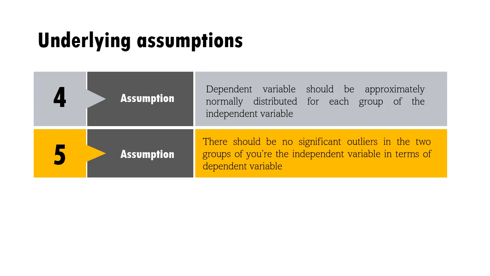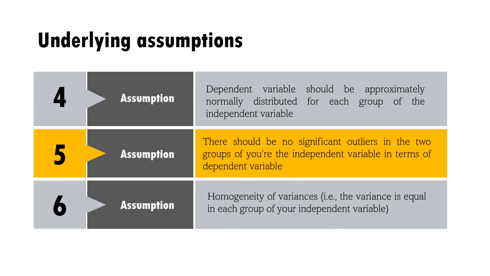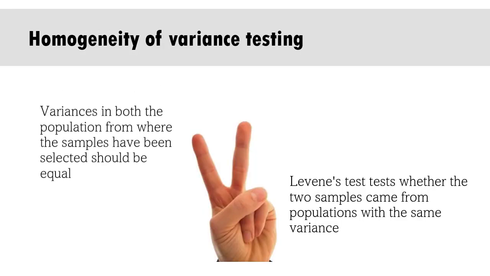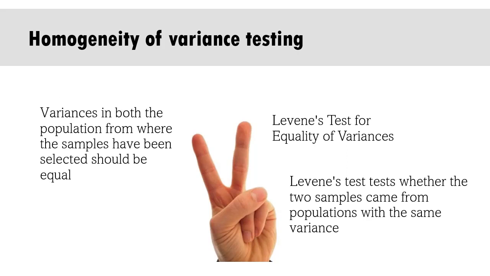The sixth assumption for independent sample t-test is that homogeneity of variance should be there in the two groups. That means the variance in each group should be equal. Now let's understand this concept of variance. The variance is tested using Levene's test for equality of variance.